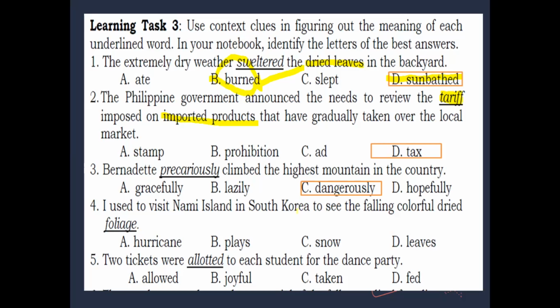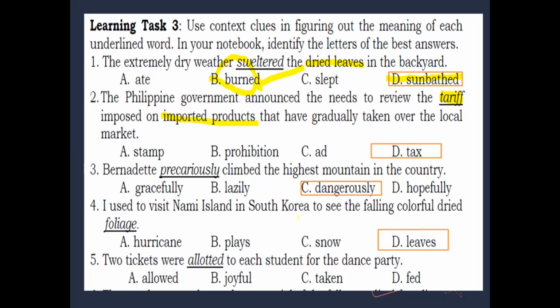So, I used to visit Nami Island in South Korea to see the falling colorful dried plant leaves collectively. Excuse me. So, foliage is A. Hurricane, B. Place, C. Snow, D. Leaves. The answer is leaves. Yung foliage daw pala ay dahon.